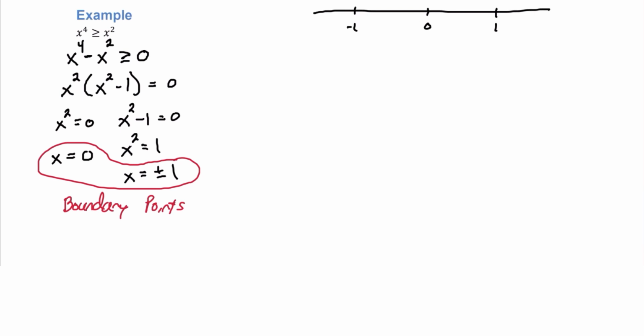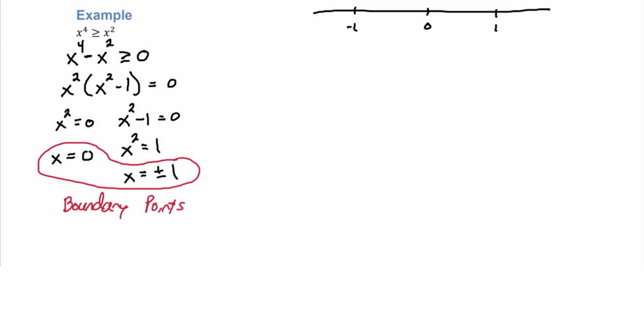Notice that in this example, the boundary points break up the number line into 4 separate intervals. We want to choose a test point in each interval and test it in the original inequality and see if it's a true or a false statement. We're looking for the true intervals.